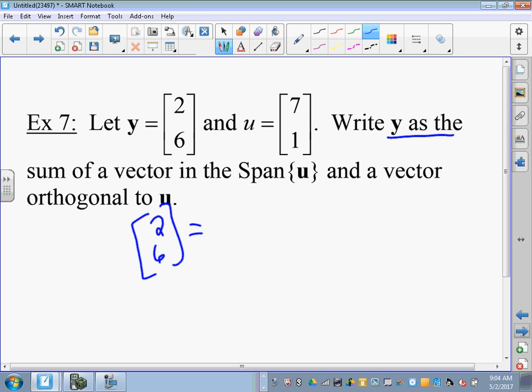And a vector orthogonal to u. So what do we need to find? How do we find a vector that's orthogonal to u?